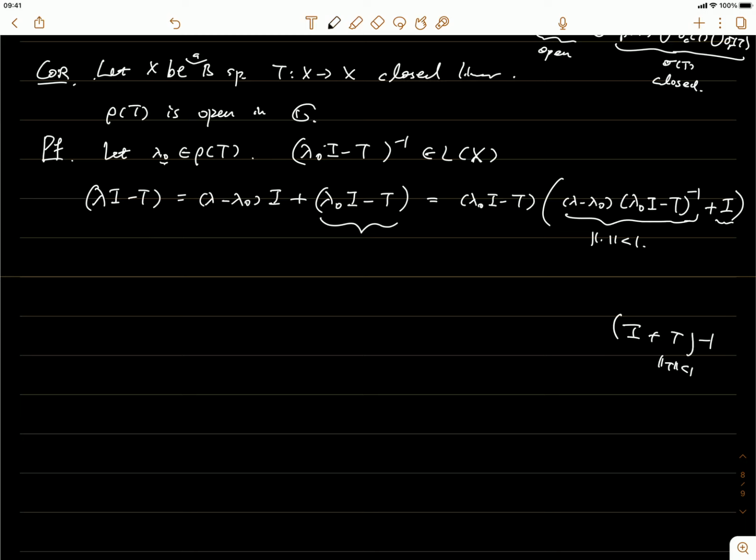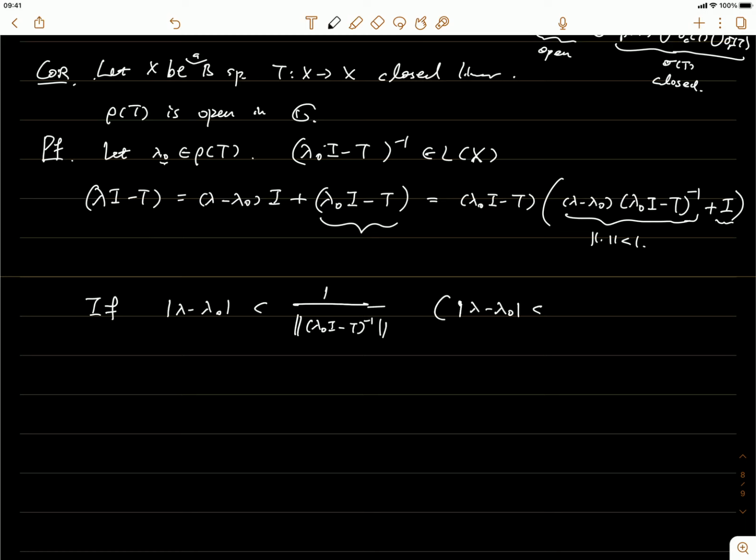So if, say, the absolute value of lambda minus lambda naught is smaller than 1 over the norm of the resolvent at lambda naught, then we can take the norm of this, and it will be less than 1.